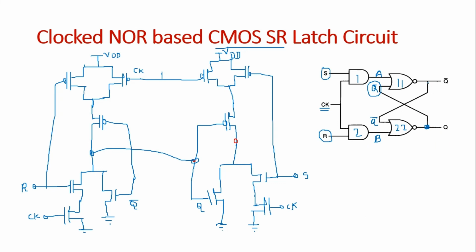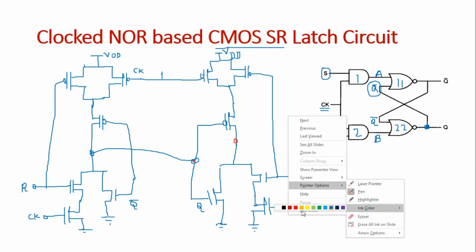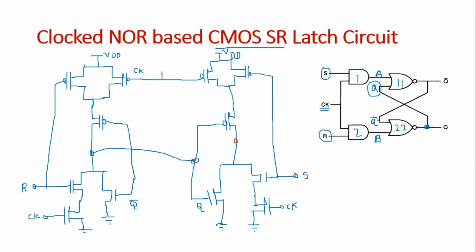Similarly, let's say we are talking about Q bar. So Q bar, which we have drawn over here, let me change the color. Q bar, which we have over here, is connected to the output of S and clock circuit.